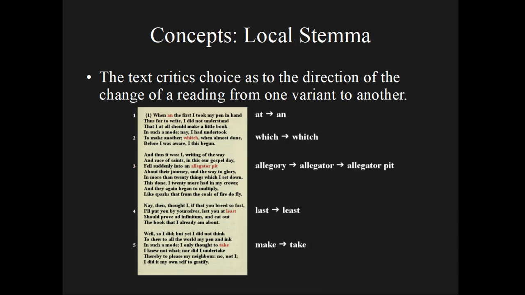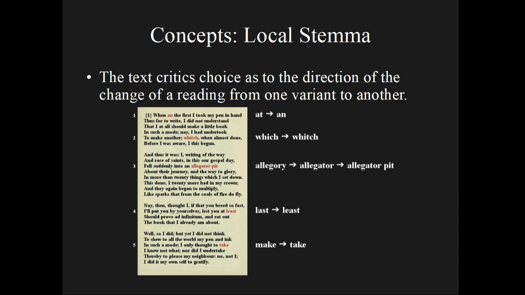The next idea is the idea of local stemma. Now this is where we start to get into the real meat, I guess. The local stemma is where, at each place of variation, we collect all of the different variants for each reading. We see for number 1 there's the variant an.